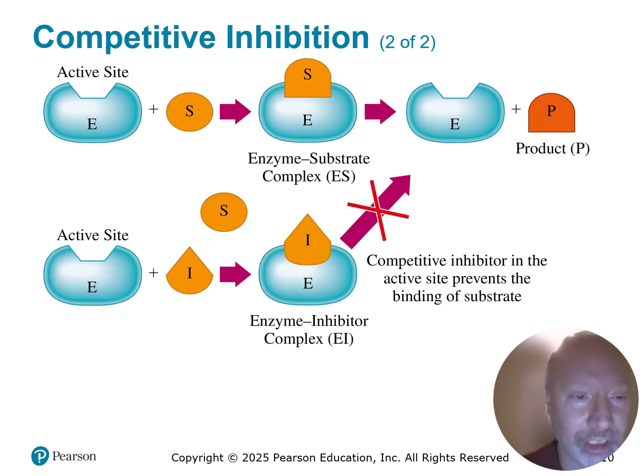Competitive inhibition. The enzyme binds the substrate and the enzyme complex is formed, and the product's formed. But if we have a competitive inhibitor, as we just saw, we have the inhibitor binding at the active site, and there's no way to make the product, and this is blocked.